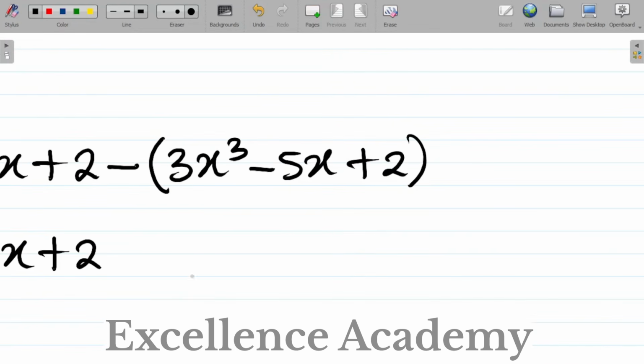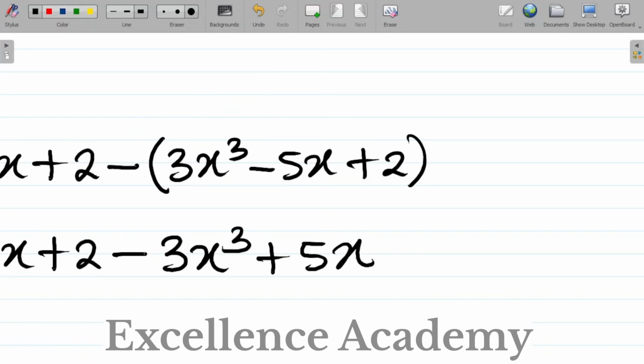Use the negative to expand this. That becomes minus 3x cubed, minus minus 5x gives you plus 5x, minus 2. Plus 2 and minus 2 gives you... so minus 2. We have this.